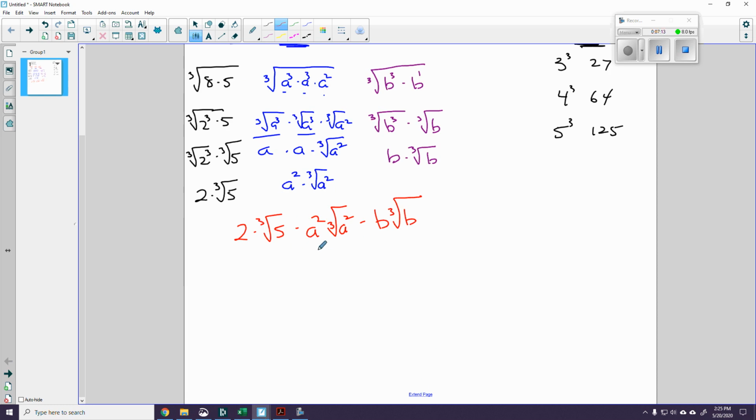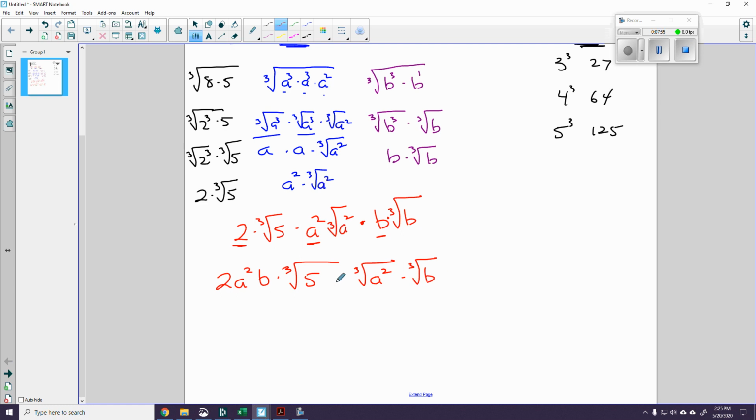Since this is all being multiplied, I can rearrange those to make it look a little nicer, and I'm going to put everything with a cube root radical sign together. So I'm going to have 2a squared b, which are not under the radical sign, times the cube root of 5 times the cube root of a squared times the cube root of b.